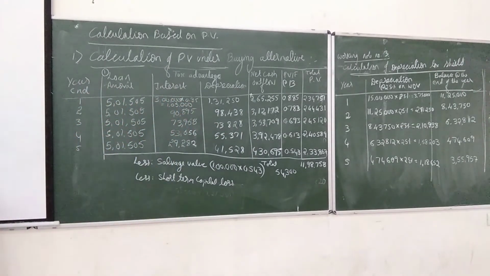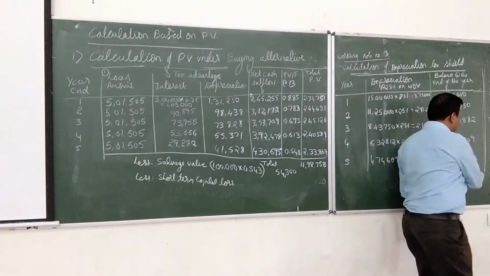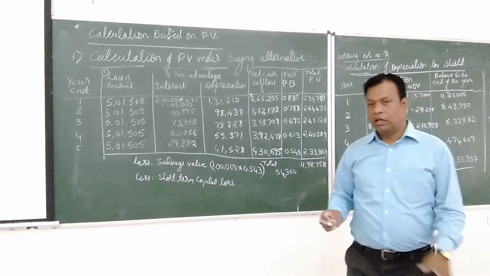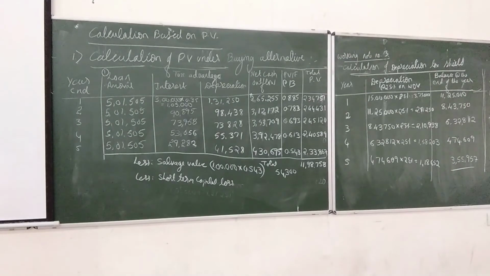54,300. Next, see what is the value of the machinery at the end of the 5th year? Just to calculate depreciation, go to the depreciation schedule and check it out. 3 lakh worth of machinery, for how much have we sold? 1 lakh.